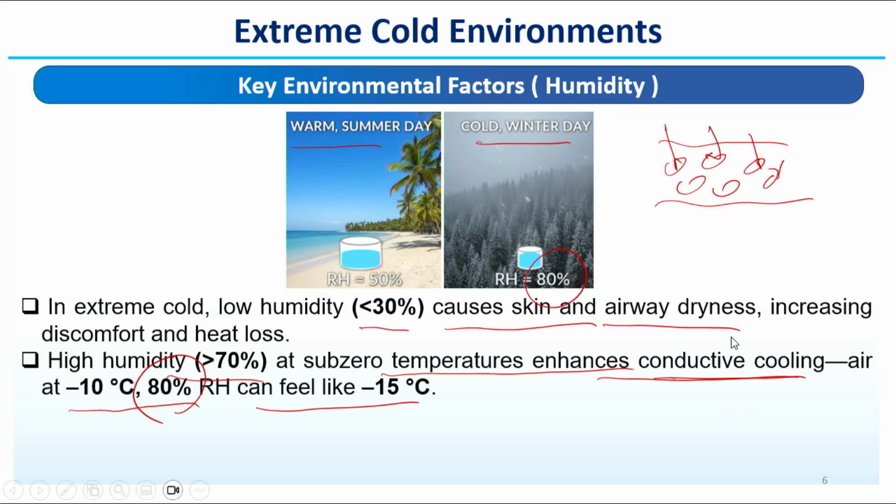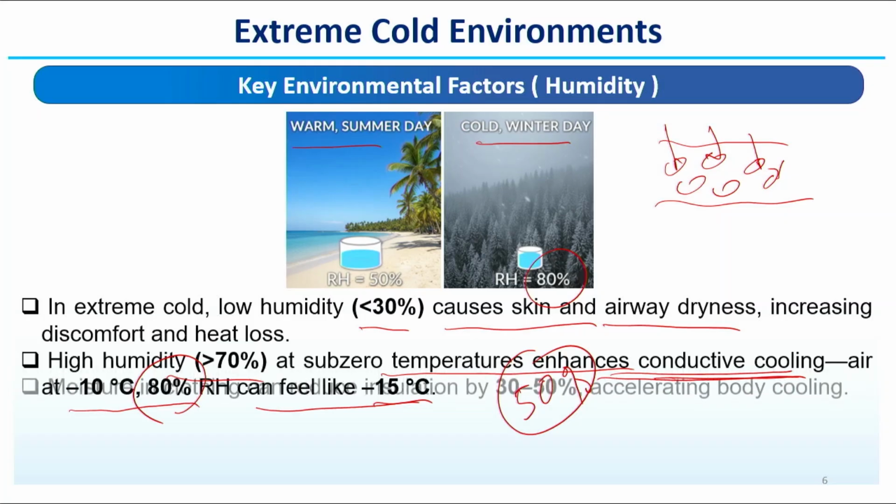That is why people will feel more cooling, so minus 10 degree Celsius will feel like minus 15 degree Celsius. Typically, at around 50% humidity, this conductive cooling will be lower.